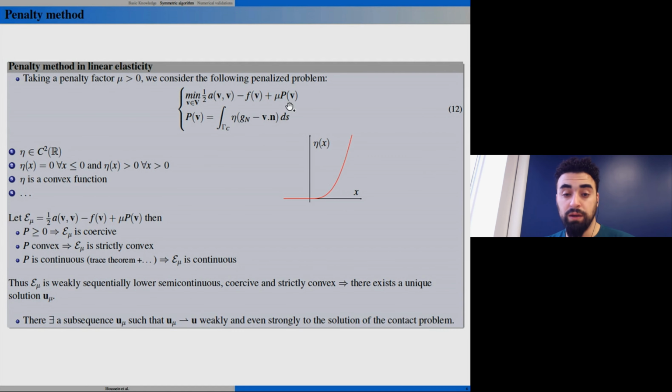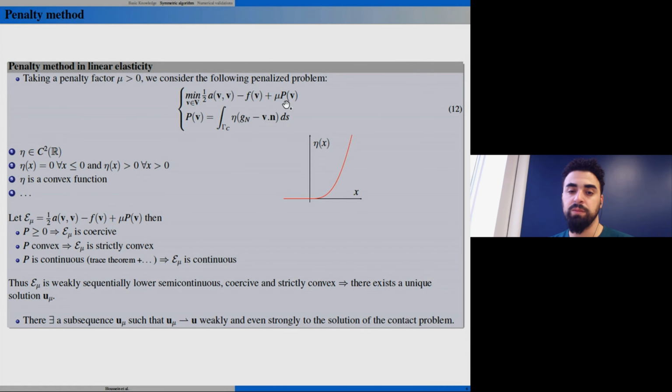Here is an example of a penalty functional. The value of this penalty functional in the case of penetration will be strictly positive. Therefore, if we multiply it by the penalty factor, which is big, we will have a very big energy here.